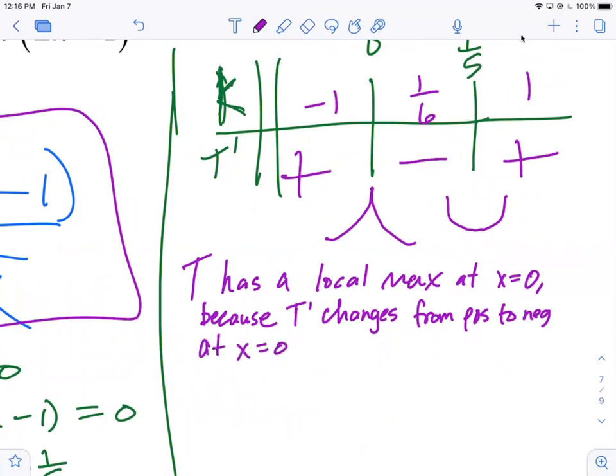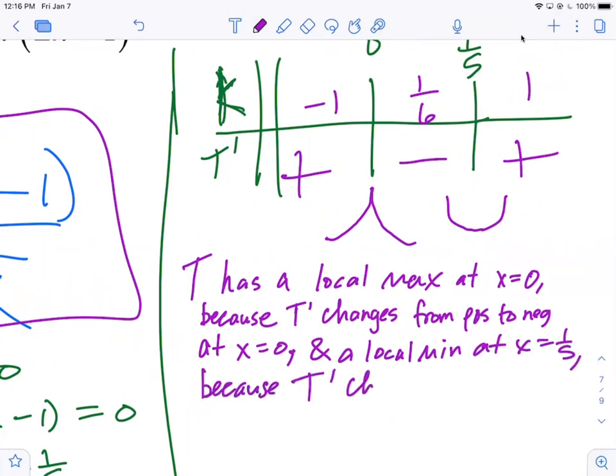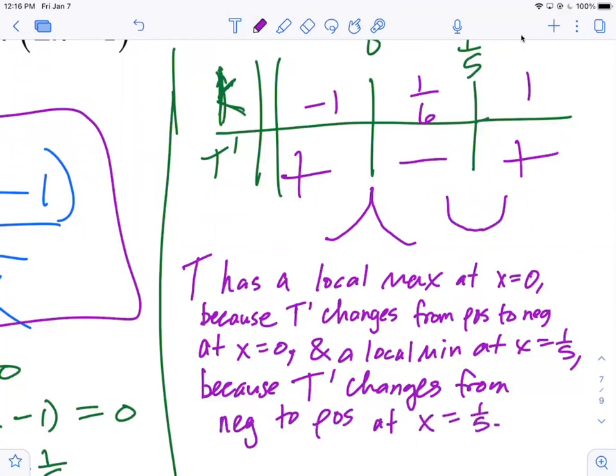And a local min, so you can piggyback on the subject of t, a local min at x equals 1/5, because t prime changes from negative to positive at x equals 1/5.